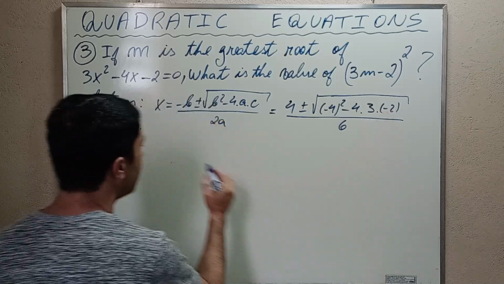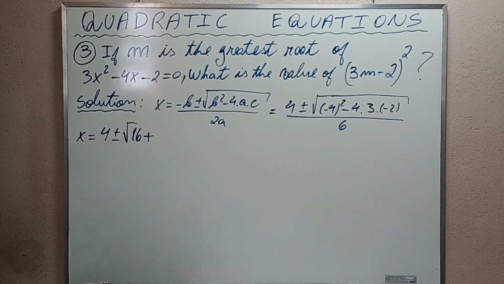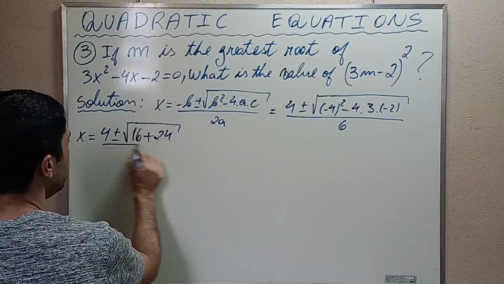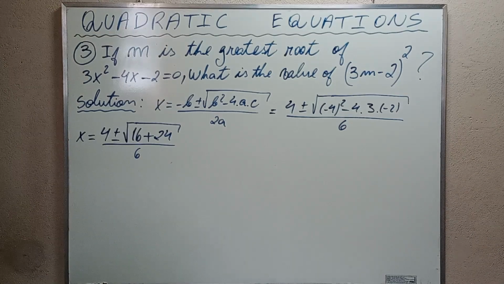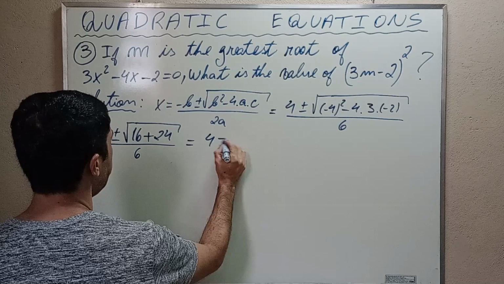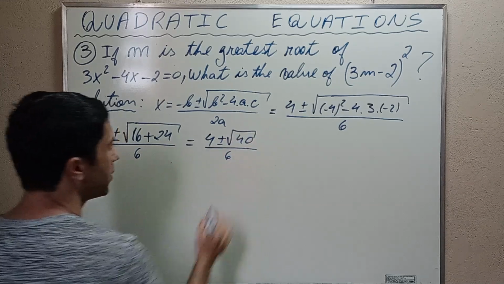Negative with negative, positive. 4 times 3 is 12, times 2 is 24. Divided by 6. 16 plus 24 is 40. Then this is equal to 4 plus minus the square root of 40 divided by 6.